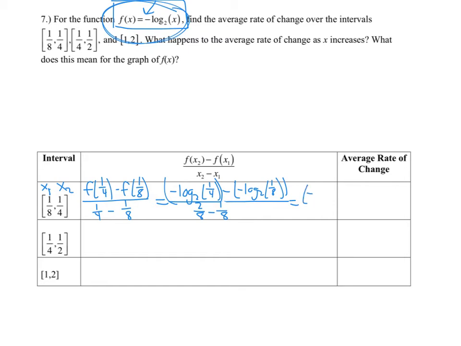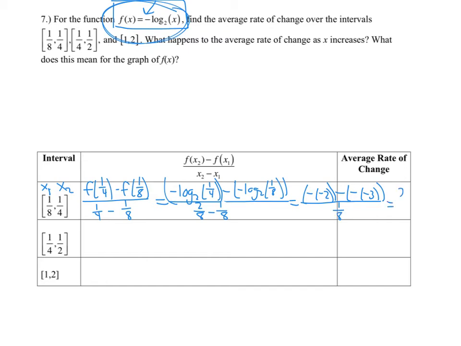So we've got negative 2 minus the opposite of the log base 2 of 1/8. Again, we know it's a negative to get the 2 in the denominator, and 2 cubed is 8. So it's the opposite of -3. All of this over positive 1/8.